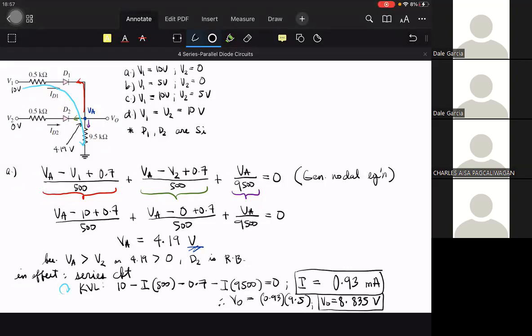Try to plug in 5 dire. So practice ninyo later. Try to plug in 5 there, or 10 here and 5 here. Same sa case C. Basta mag-gawas gani nga VA is still greater than one of the sources, meaning ma-cut off na siya nga source. Okay. So remember my notes for this example.